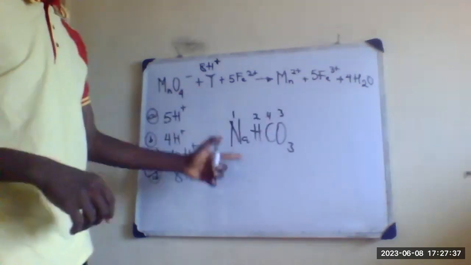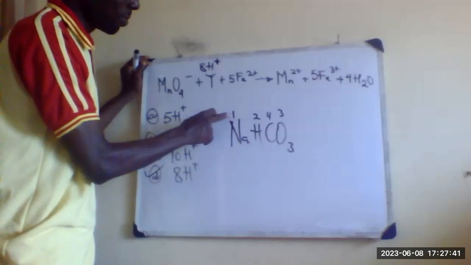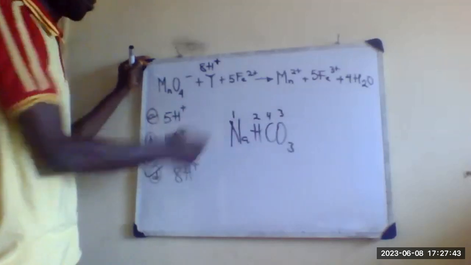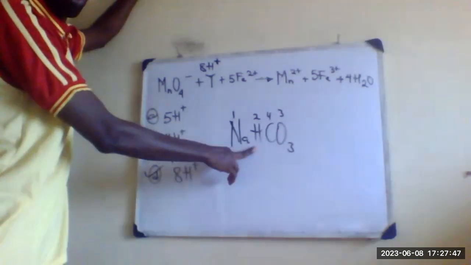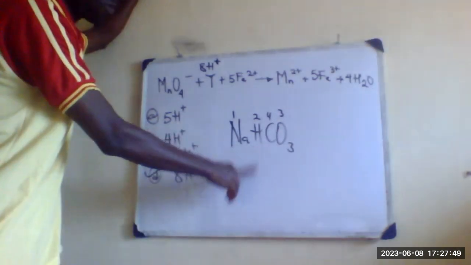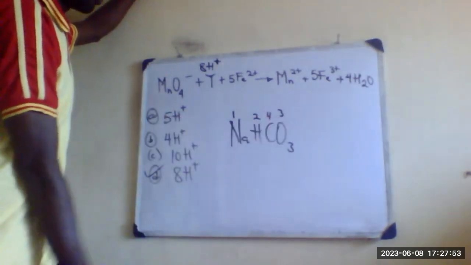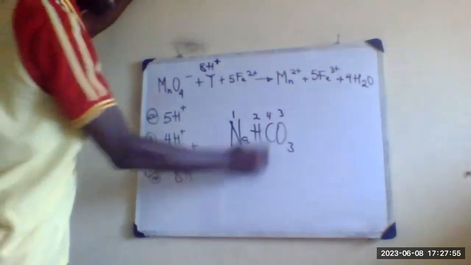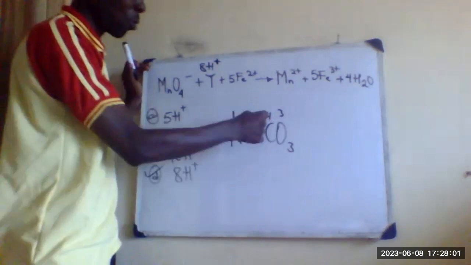Sodium is 1, hydrogen is 2, oxygen is 3, then the carbon is 4, with the oxidation number of 3. For the last one, you always calculate the oxidation number of the last one and attach it to the name of the compound. So this one is sodium hydrogen trioxocarbonate(IV). So that is it.